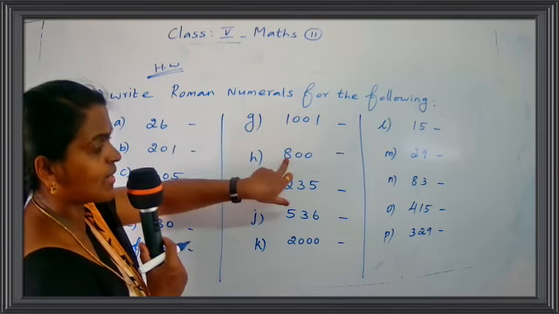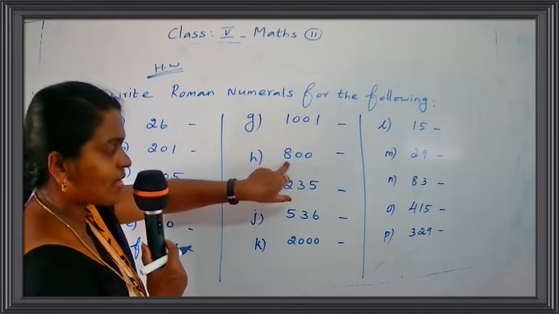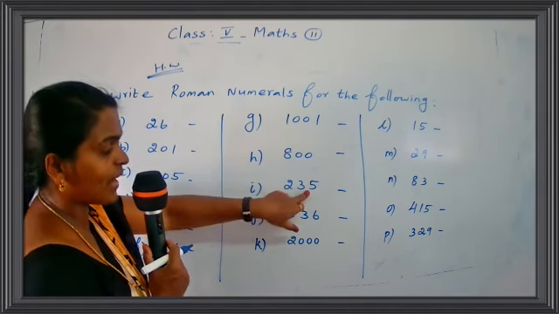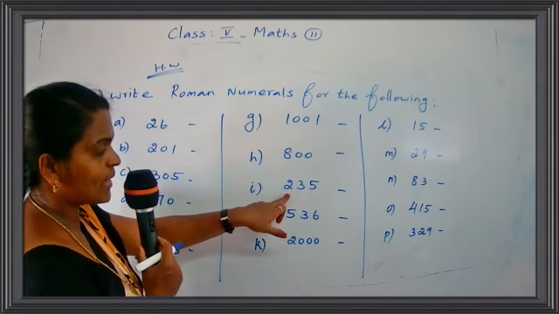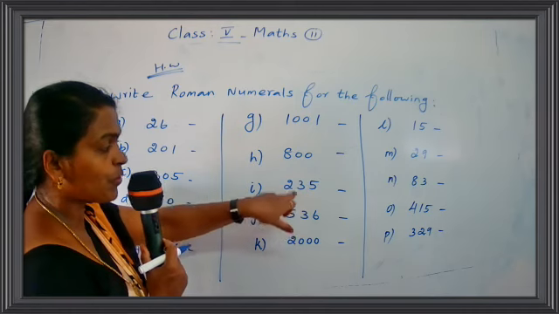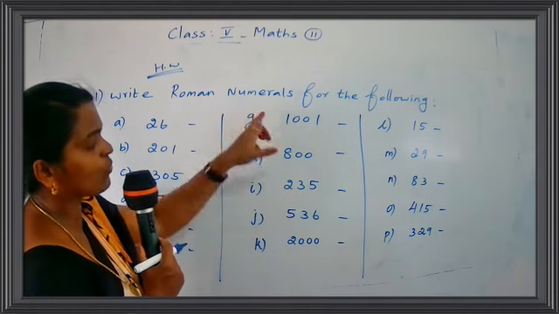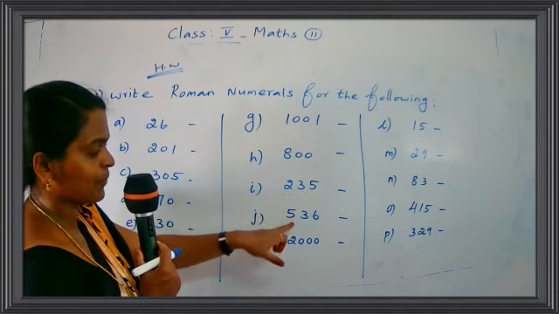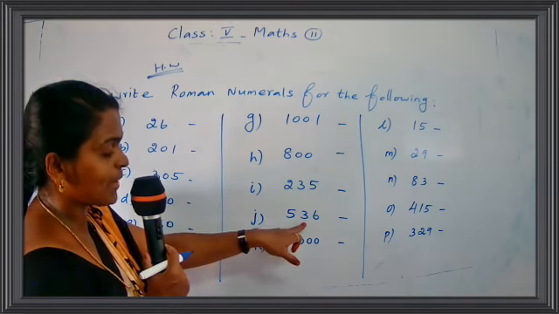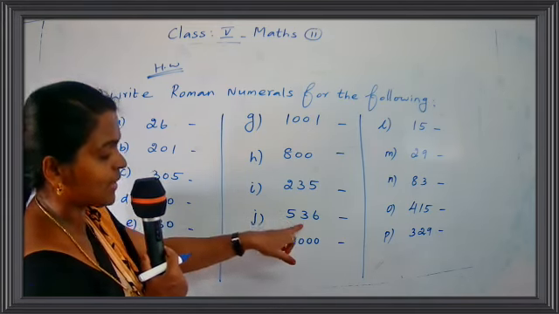Okay, 800 can be written as 500 plus 300. Okay, 235 can be written as 200 plus 30 plus 5. So you put that, that is Roman numeral symbols. Okay, children? Yes. Now 536. 536 can be written as 500 plus 30 plus 6.